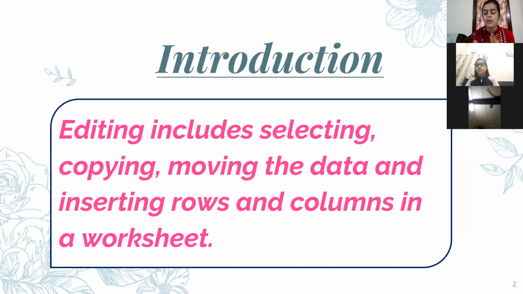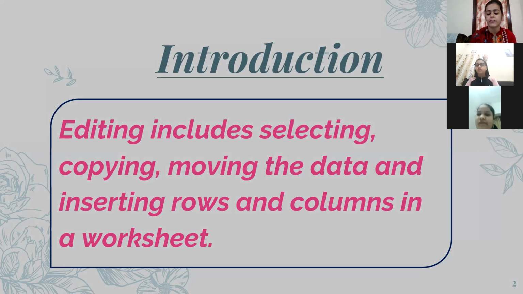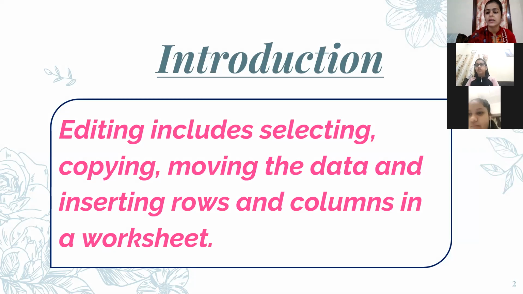When you want to insert different columns or different rows in your worksheet, that is also a part of editing. So editing includes selection of the data, copying or moving of the data, and inserting rows and columns in your worksheet. Is it clear?